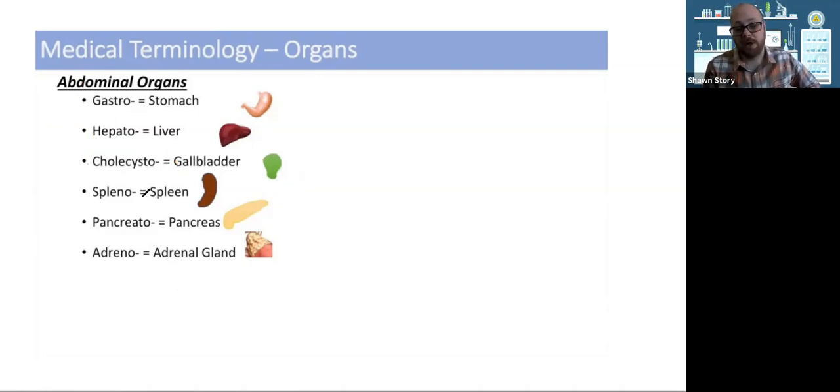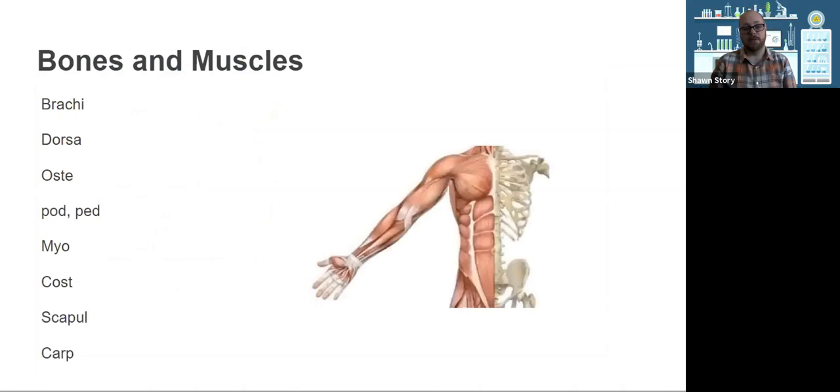All right, so these are organs. So anything dealing with those organs is going to have that root word built into it. We got bones and muscles, bronchia, dorsal, osteoped. What do we got? Do we know any of them? Which ones do we know?